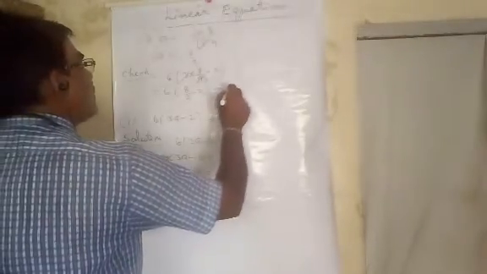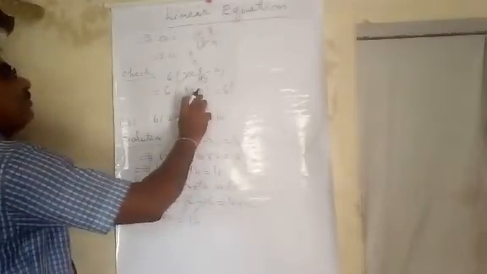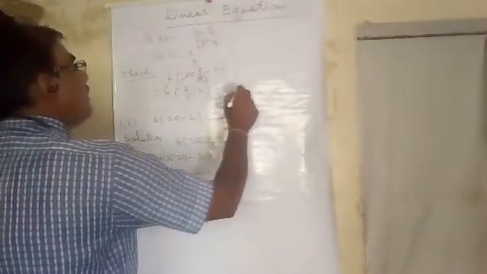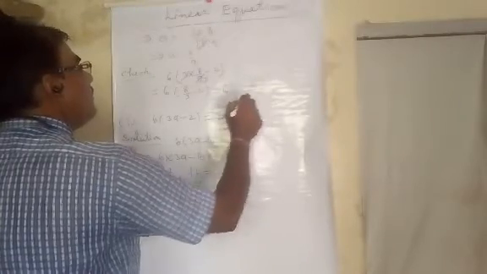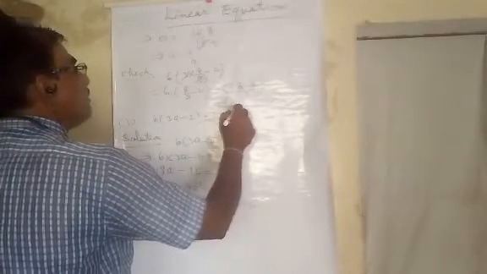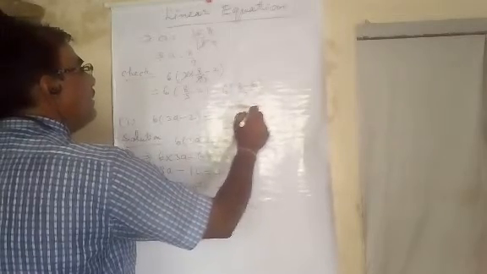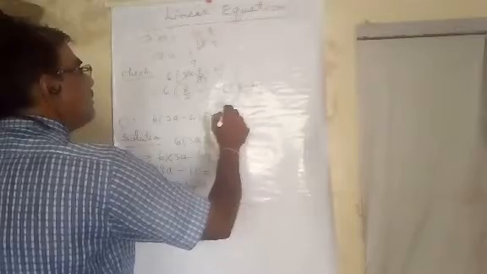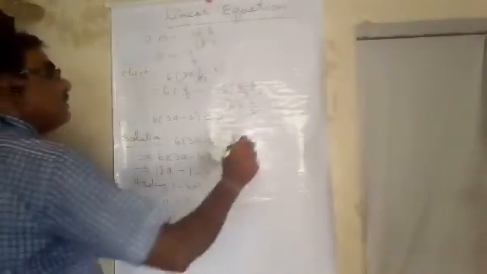Here 3 multiplied by 2 will be 6, so 8 minus 6 upon 3. Then 6 into 2 by 3. Three twos are 6, two twos are 4. This is the right hand side.